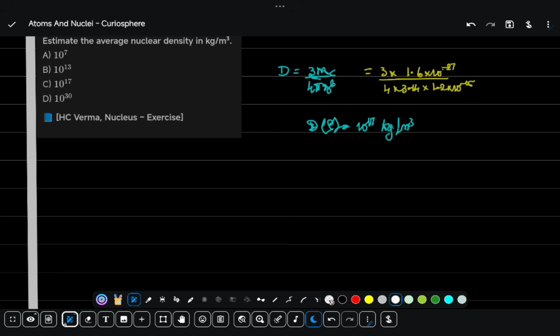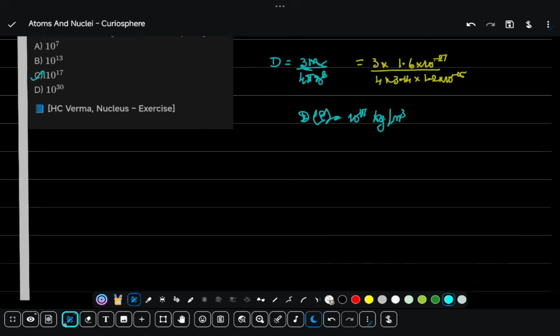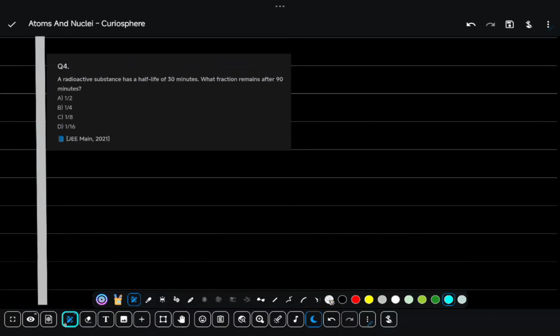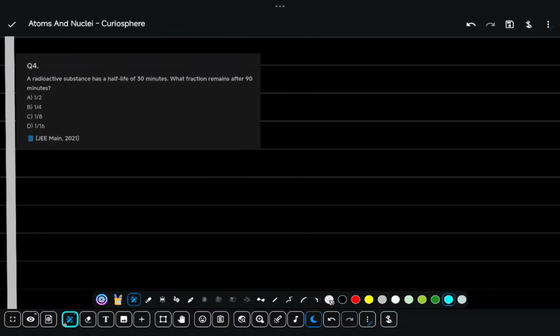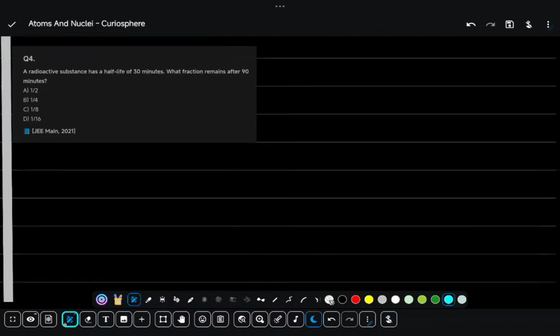This is a HC Verma question, from the HC Verma exercise. Well, coming back to question number 4.